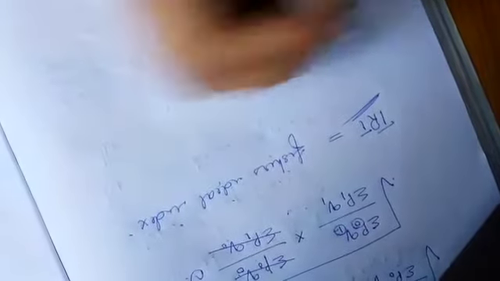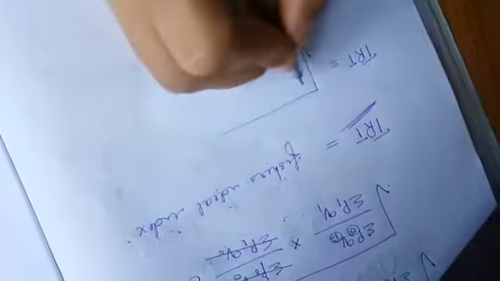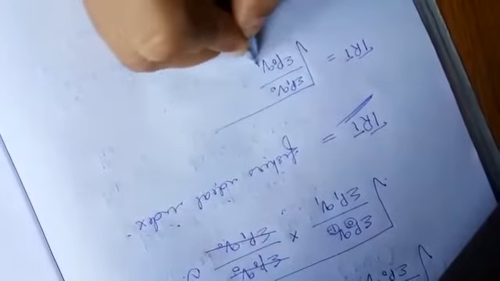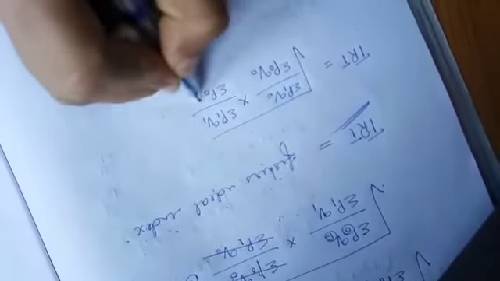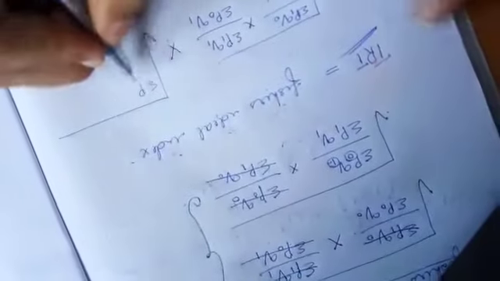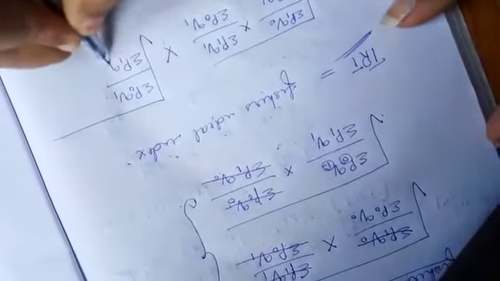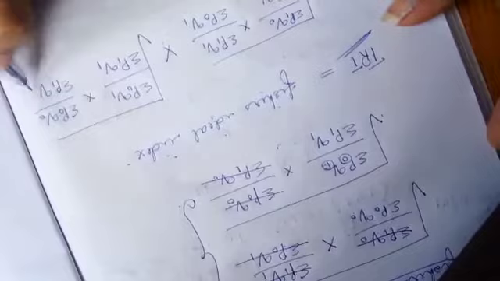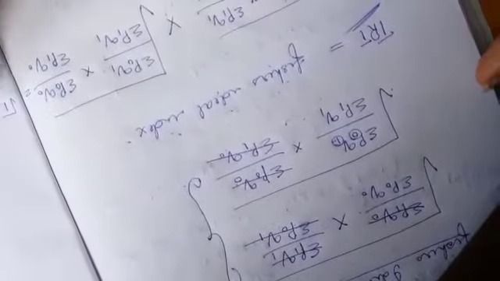So we can directly write: TRT is equal to the square root of summation P1 Q0 divided by summation P0 Q0 into summation P1 Q1 divided by summation P0 Q1, into the square root of the reverse, that is summation P0 Q1 divided by summation P1 Q1 into summation P0 Q0 divided by summation P1 Q0, which is equal to the square root of 1, or directly equal to 1.